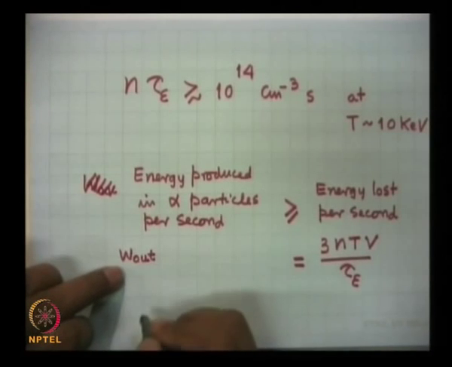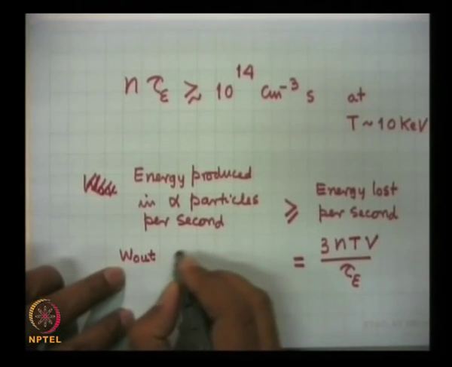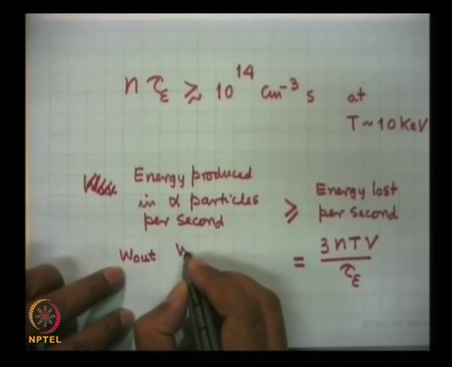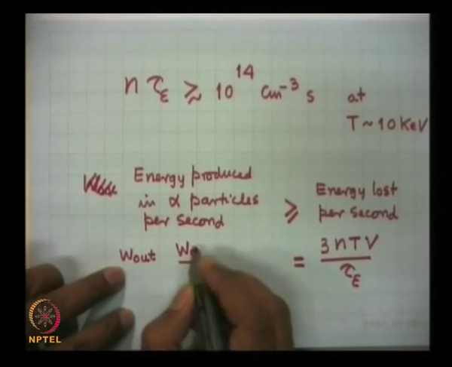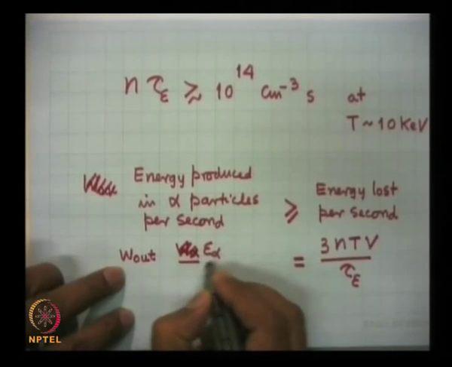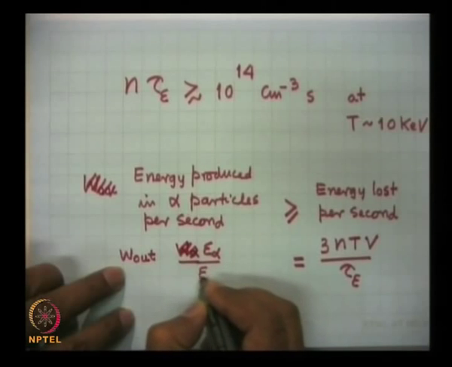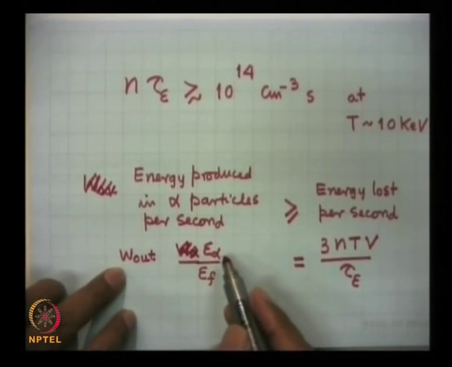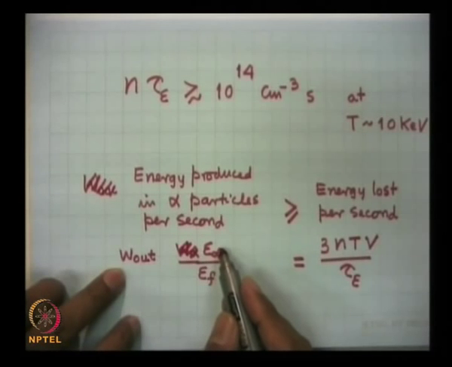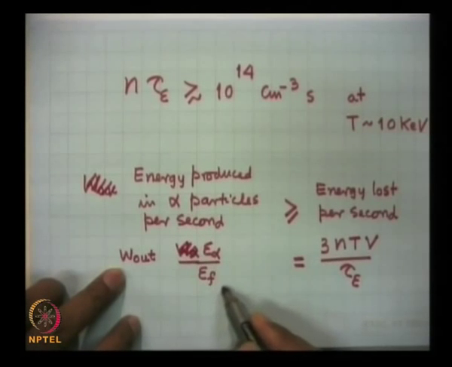If I multiply this by the factor of energy of an alpha particle divided by the energy released in a fusion reaction, E alpha upon EF, this is 17.6 MeV and the alpha particle is 3.5 MeV. So this quantity is like 1/5.